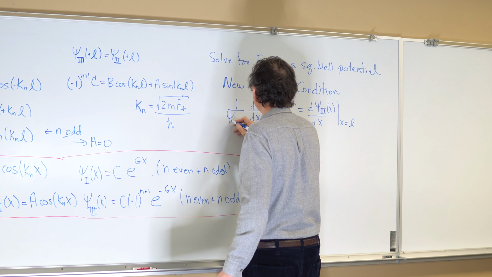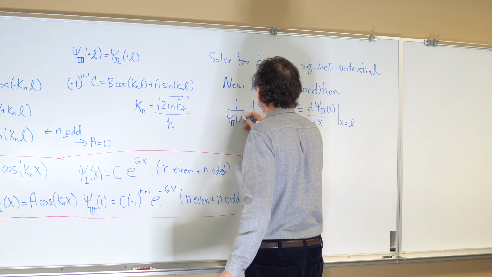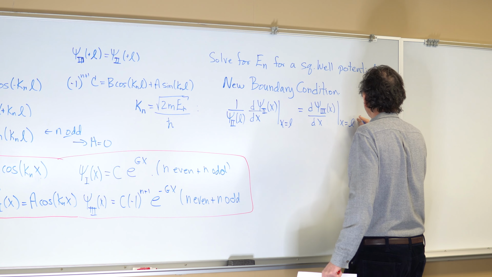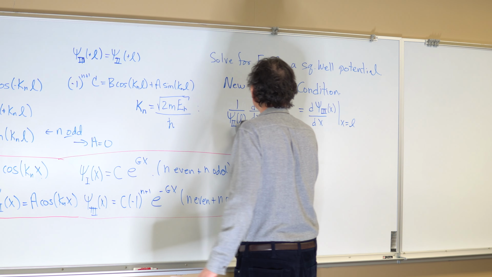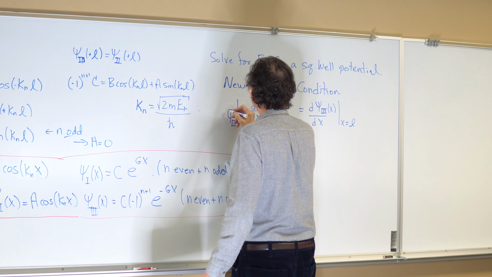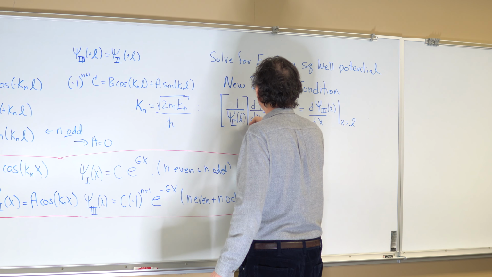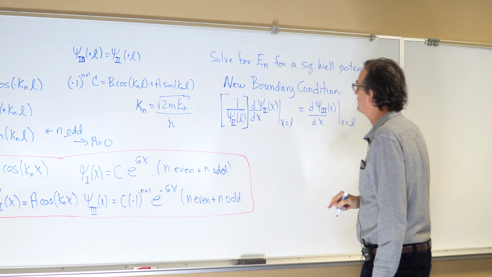So I'm going to put psi 2 evaluated at L, and over here, this should be division, I'm sorry. This is a real division. Of course, this expression is a derivative.